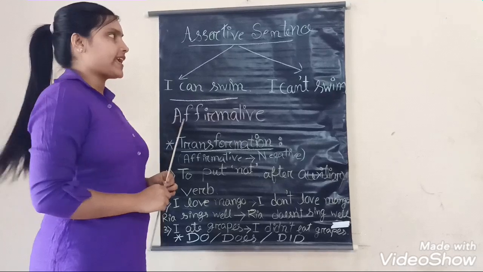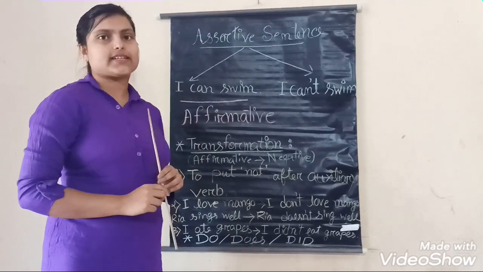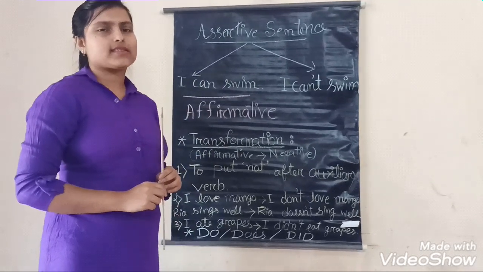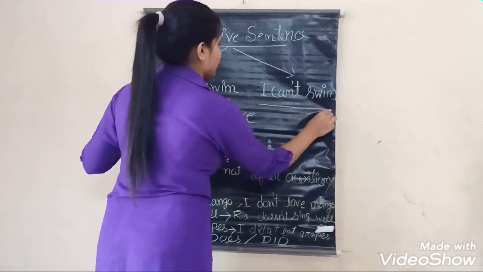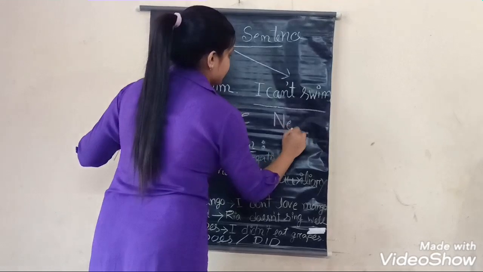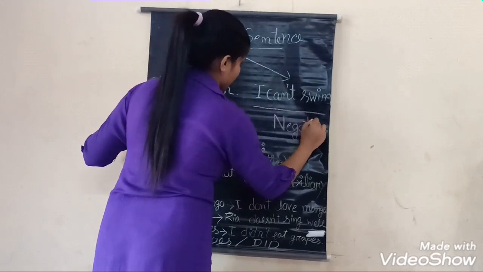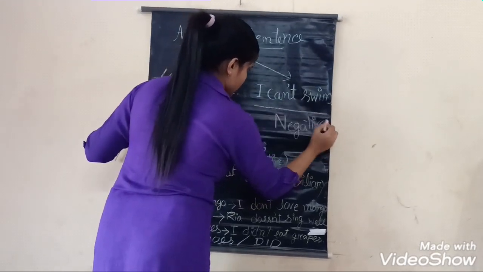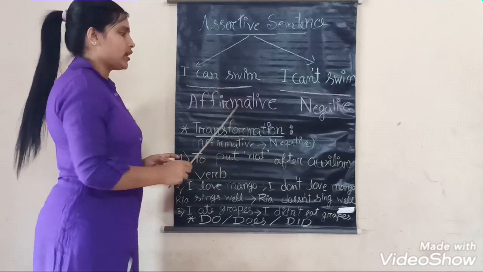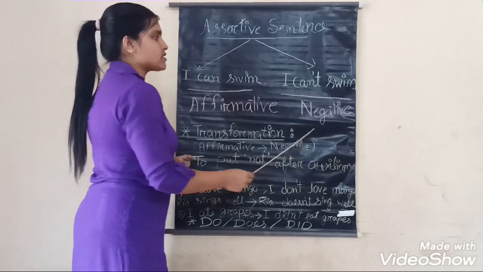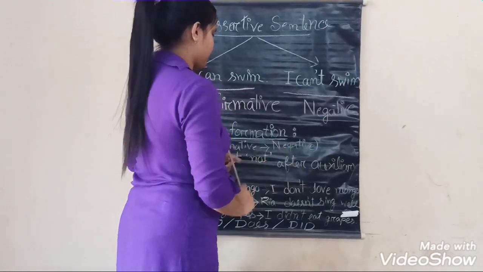And the second division of an assertive sentence signifies a negative statement, and this is known as negative sentences. So here we got 2 distinctions of assertive sentence: affirmative sentences and negative sentences.